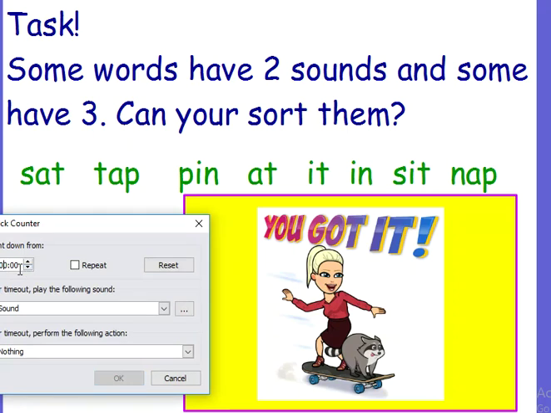What I want you to do in that one minute is you will notice that some of the words that we have sounded out today have three sounds, and some of the words have two sounds. Just want you guys to have a go at sorting them. On your whiteboard, you can write a 2 and a 3, and underneath the 2 and the 3 you can write all the words that have two sounds and all the words that have three sounds.